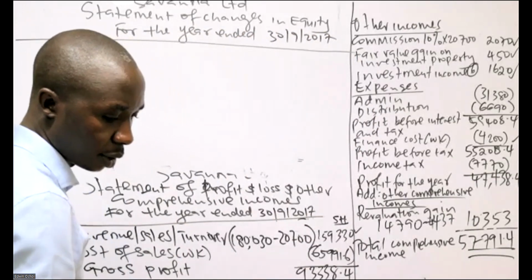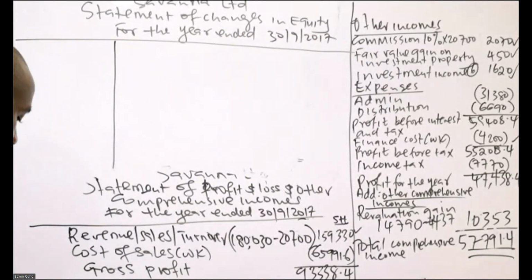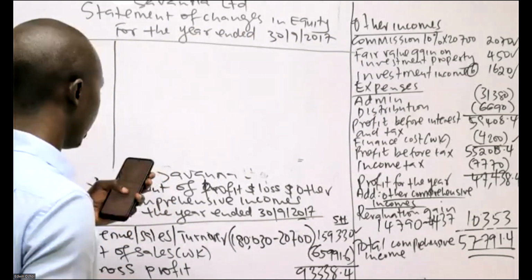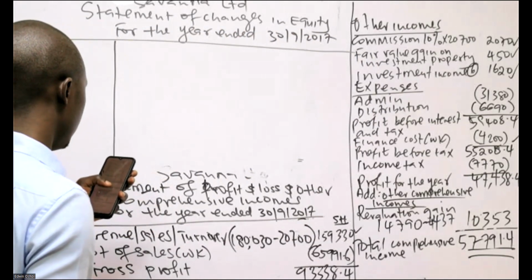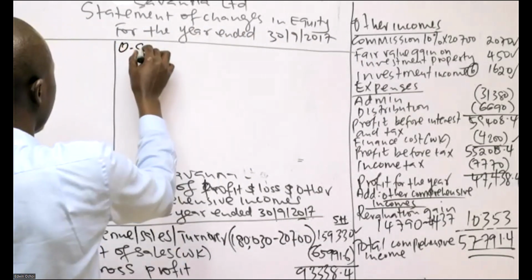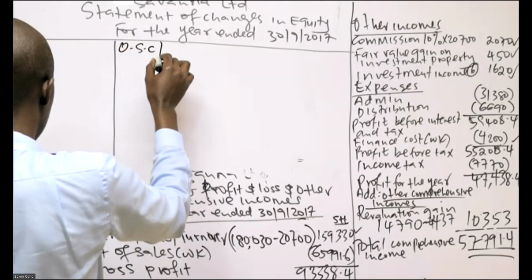So which equity items do we have? The question: ordinary shares. Take the trial balance. In the trial balance, I can see ordinary share capital. Is there share premium? Yes.